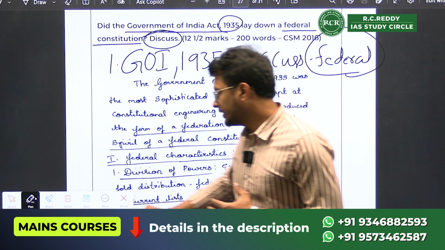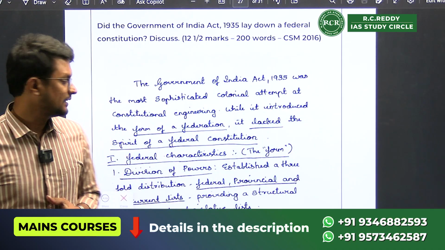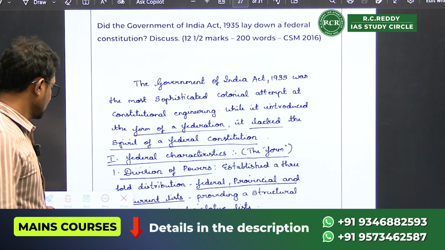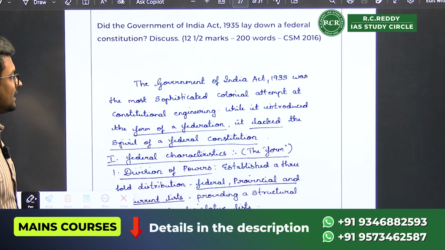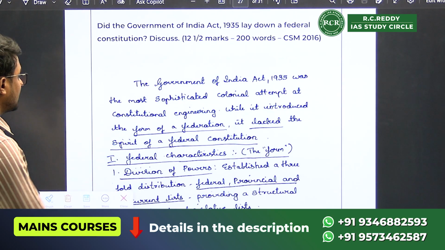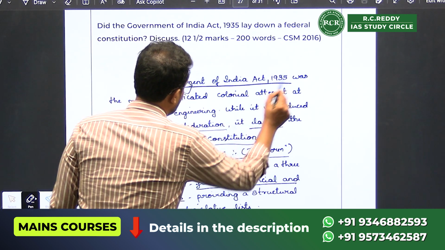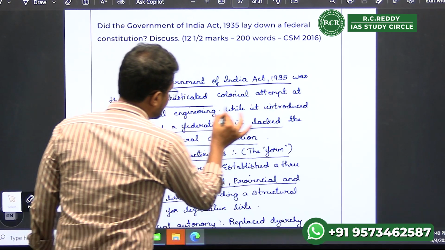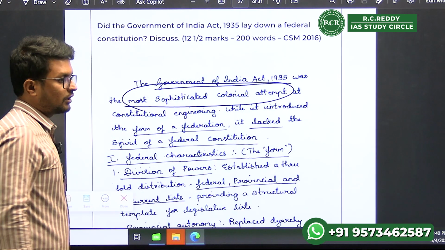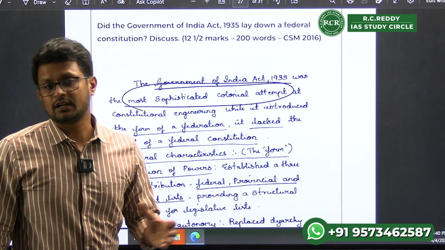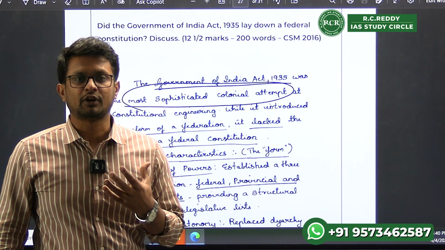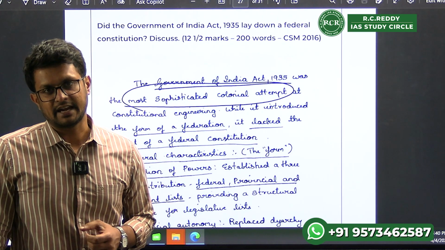We can start with introducing the Government of India Act 1935 itself. Here is an introduction which says, the Government of India Act 1935 is the most sophisticated colonial attempt, because as you know, after this the act is just the 1947 Act, the India Independence Act.